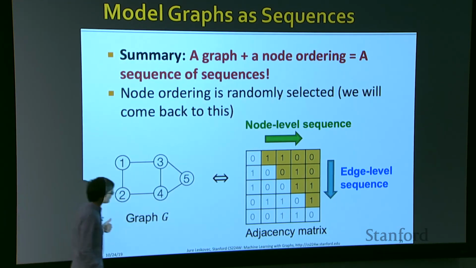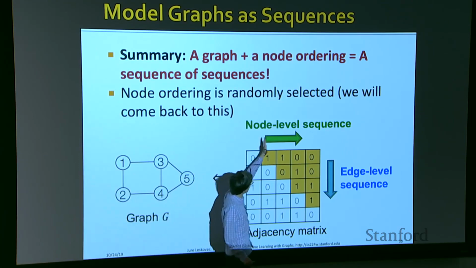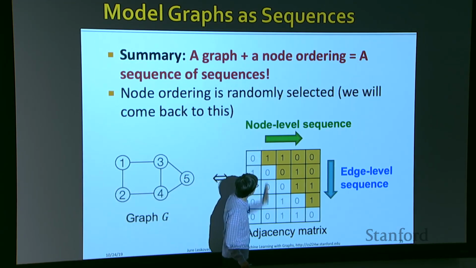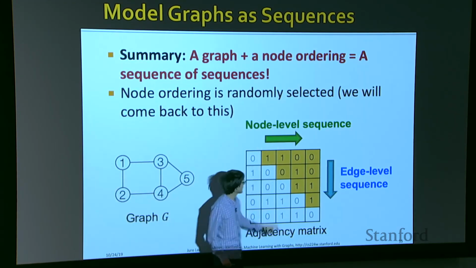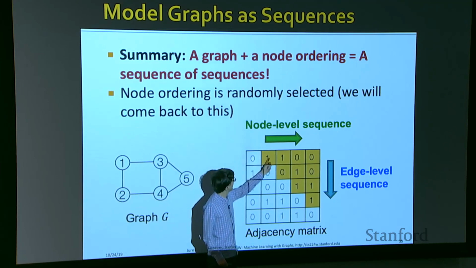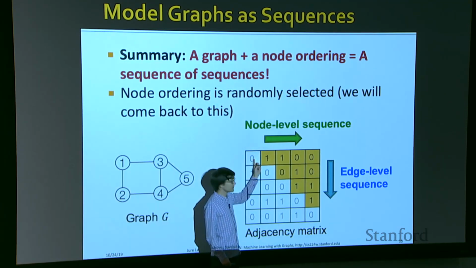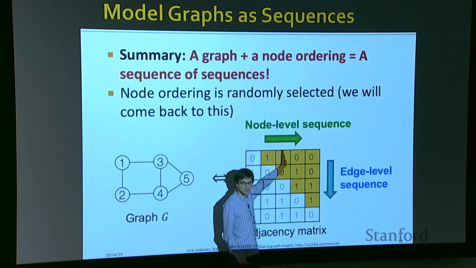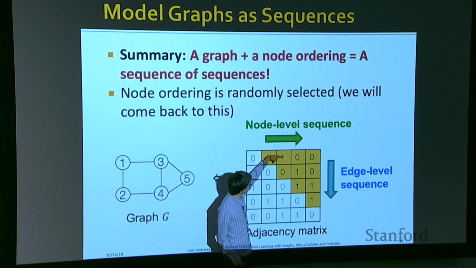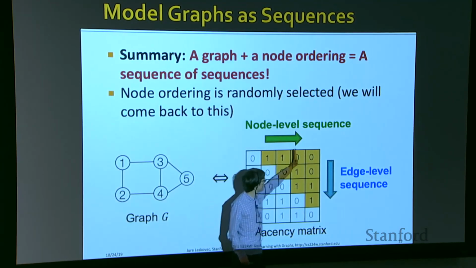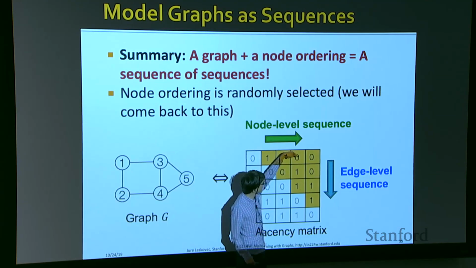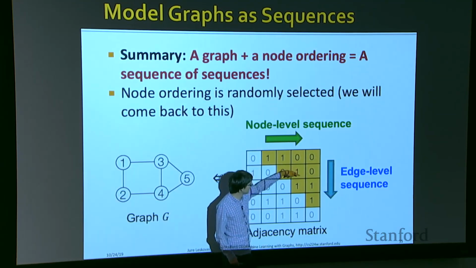So the way you can think of it is that we will be printing out this adjacency matrix this way, right? We add the first node, and then we add the second one, which will connect to the first one. Then the third node needs to either connect to the first one or to the second one. Then we'll add the fourth node, and we need to decide, does it link to the first node, second node, or third node?